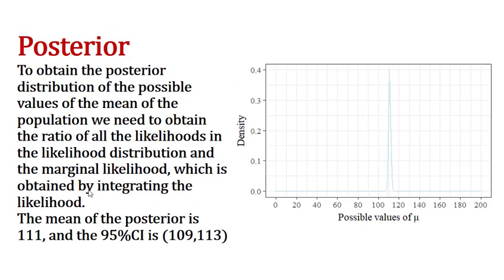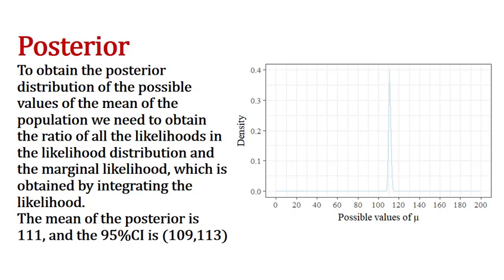Okay, so basically we transform the likelihood. What I showed before is the likelihood. So we transform that into a posterior distribution. Remember that the likelihood, unlike the probability distribution, doesn't integrate to 1, but the posterior distribution does integrate to 1.